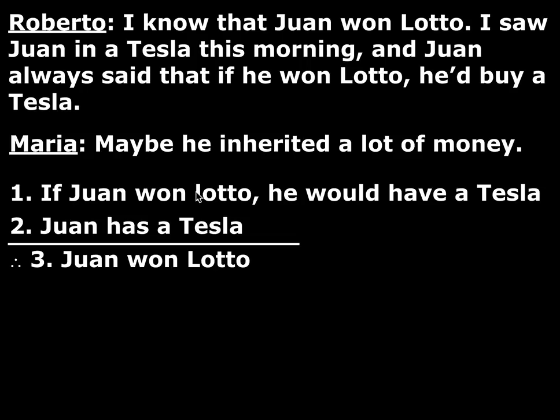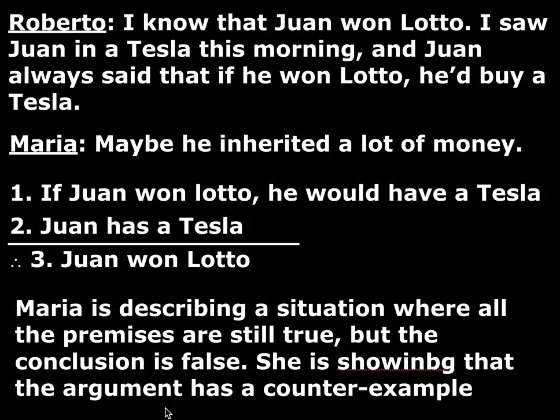Even though Roberto might think this is a valid argument, it's not. It's deductive, but it's not a good deductive argument, as Maria is going to show. Maria is describing a situation where all the premises are true but the conclusion's false.